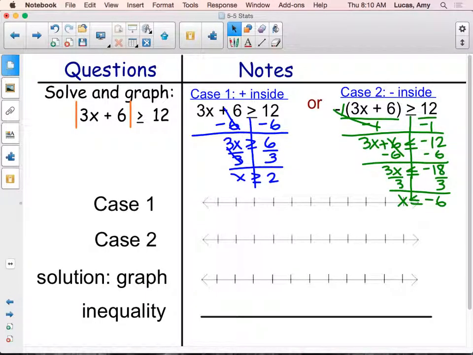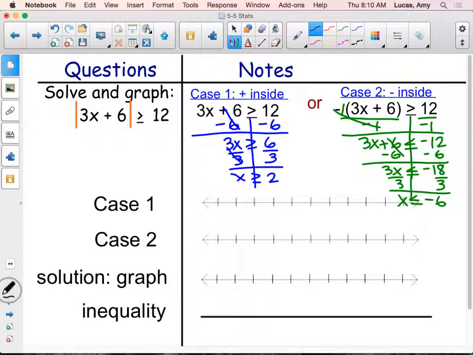Remember, you never want to graph until you've solved both of your inequalities. So we need -6 and +2. So if I go with -6, -5, -4, I think this will fit. Perfect.